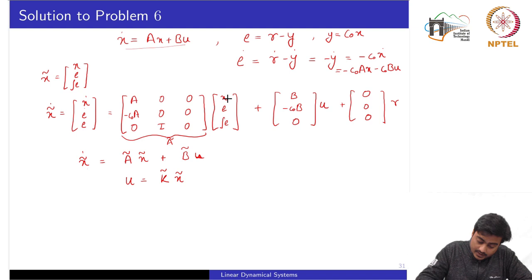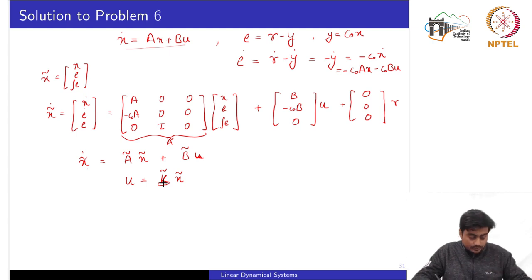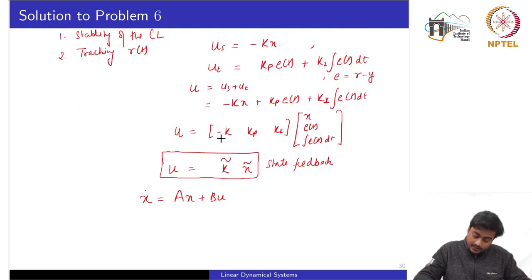So if we have x as 3-dimensional, e is 2, and the integral of e is 2, in total we would have 7 variables of this x tilde. So this is how we can compute this K tilde, and once we compute it, I can extract K, Kp and Ki from this K tilde.